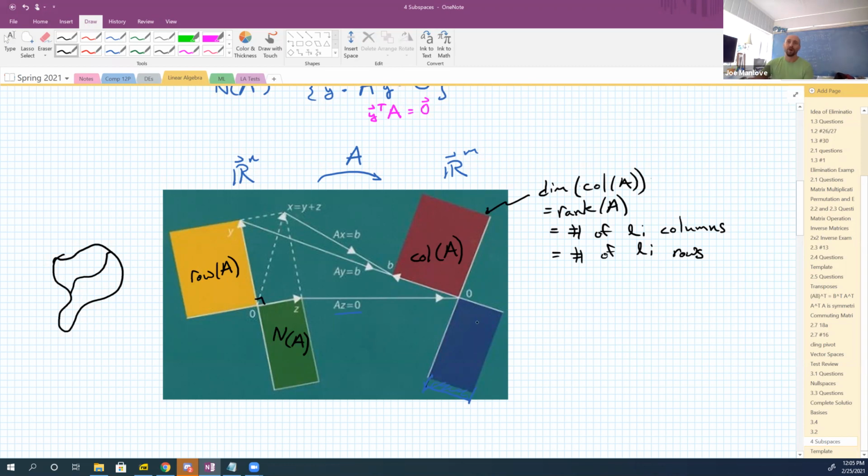So what's the other space I kind of named here? The null space of A transpose? Yeah, so there's kind of one thing left. There's 4 boxes. Maybe the process of elimination would tell you that this probably ought to be the null space of A transpose.